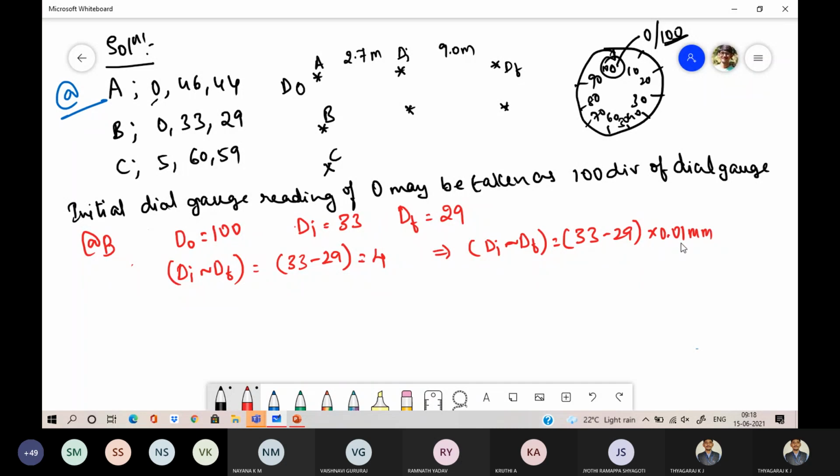Why? Because I am multiplying by the dial gauge least count. What is the difference you are going to get? 0.04. Should we apply the leg correction for this?